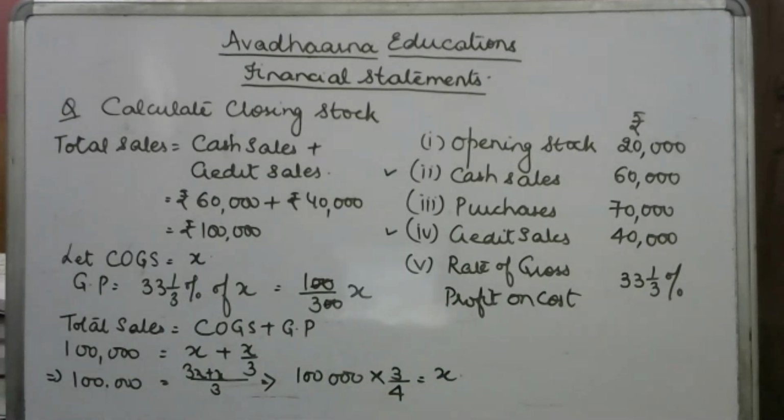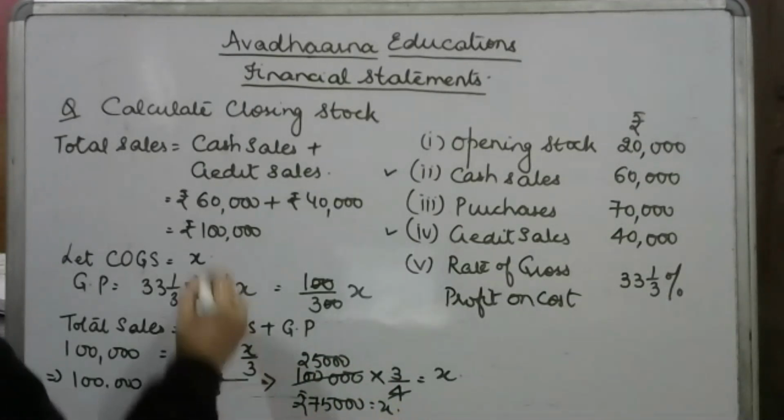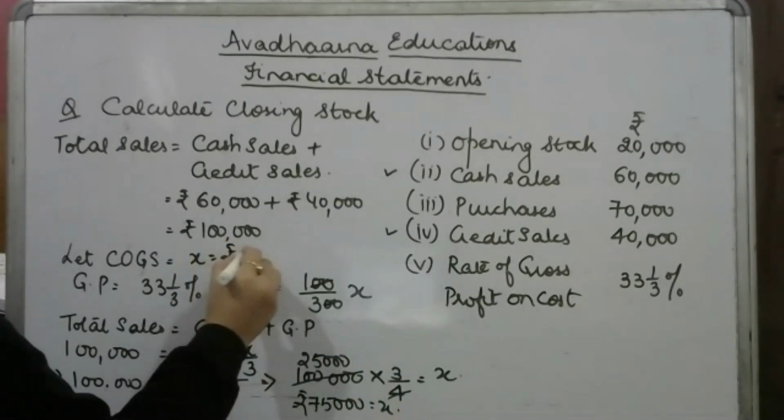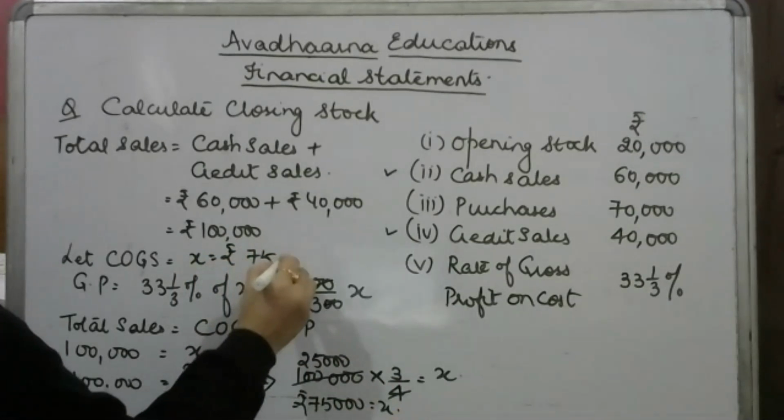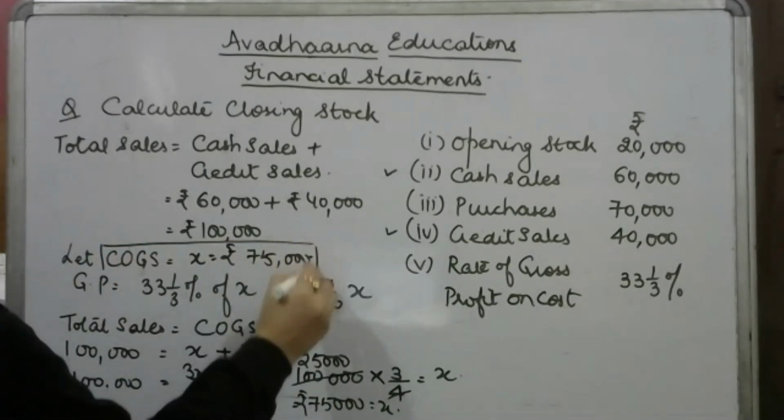So the value of x, if we simplify it, is 25,000 into 3. 25,000 into 3 is 75,000. So the value of x is rupees 75,000, and this is cost of goods sold. So 75,000 is the value of cost of goods sold.